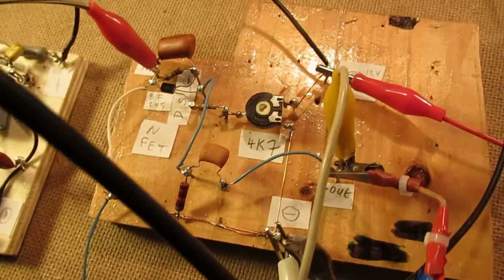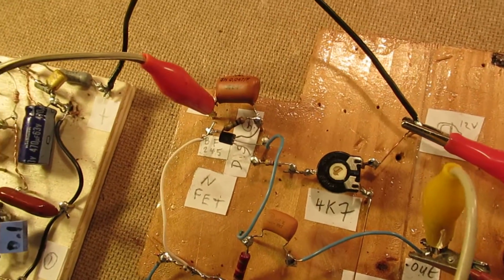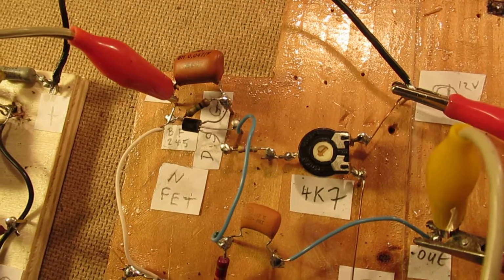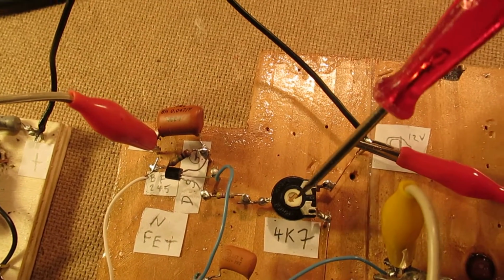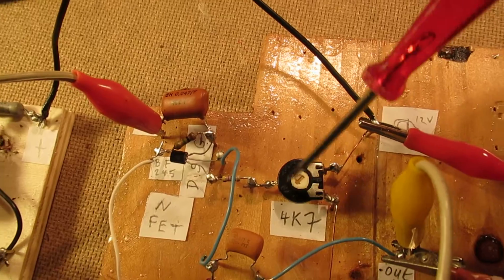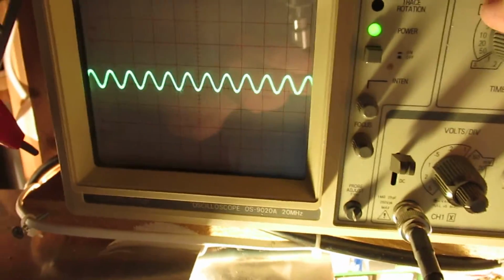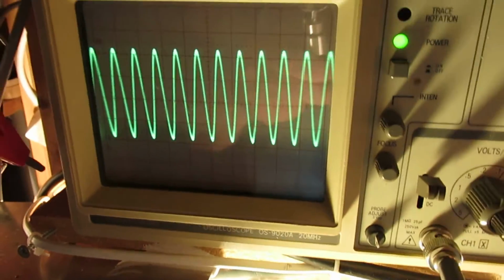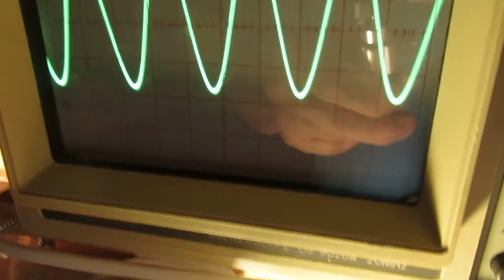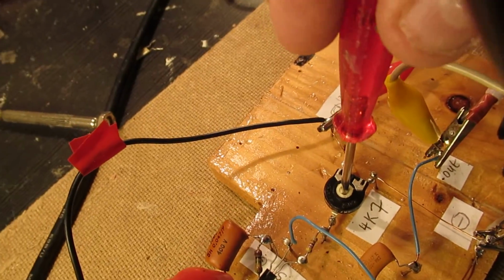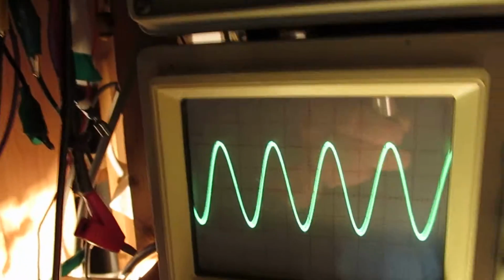And here is that circuit again, and let's see what happens when we turn this 4K7 potentiometer. I give the scope somewhat more amplification, and now turn that potentiometer here. Let's see what happens.